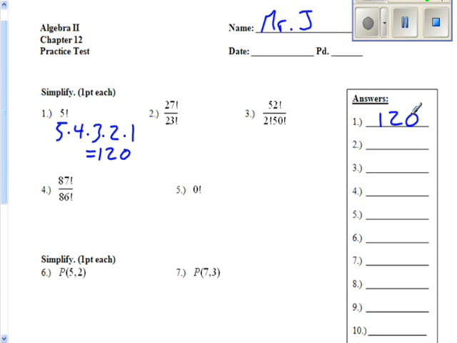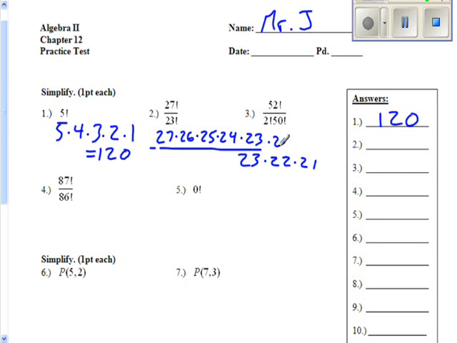Okay? If we look at the next one, remember reducing these factorials is kind of like fighting a giant spider. We want to chop its legs off. So 27 factorial is 27 times 26 times 25 times 24 times 23, and it would keep going from there. The 23 factorial would be 23 times 22 times 21.